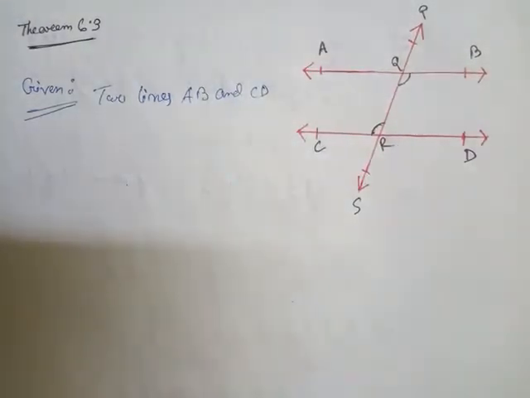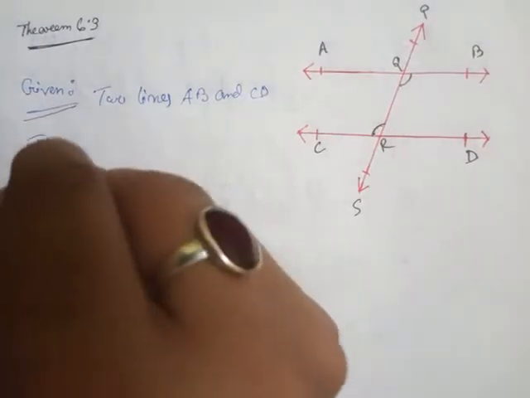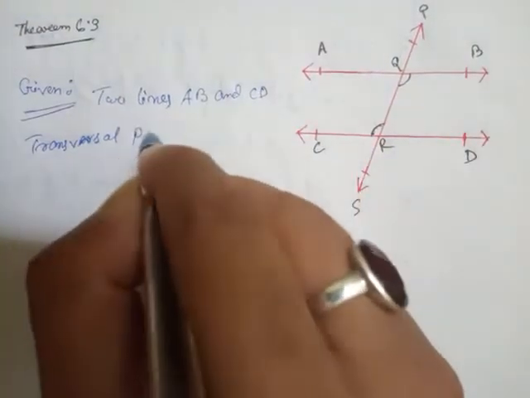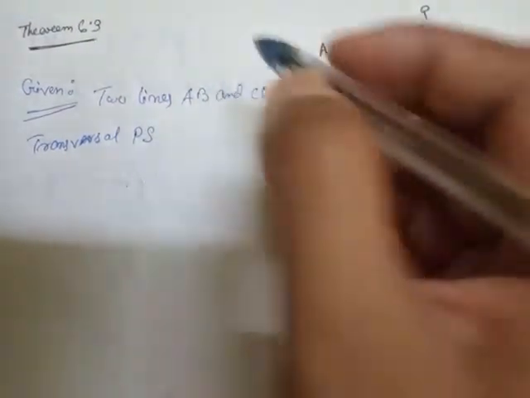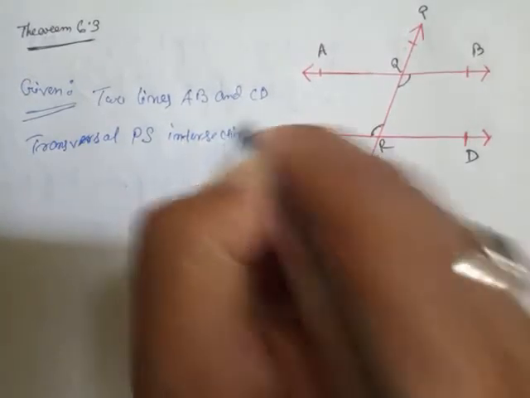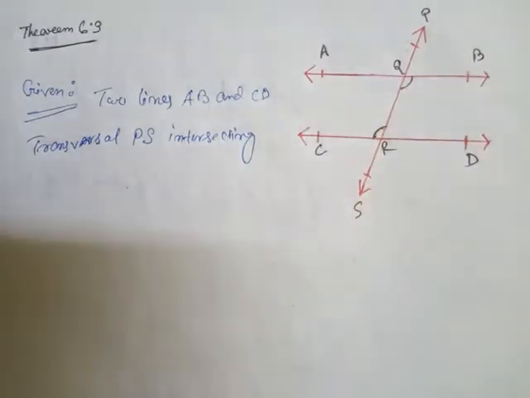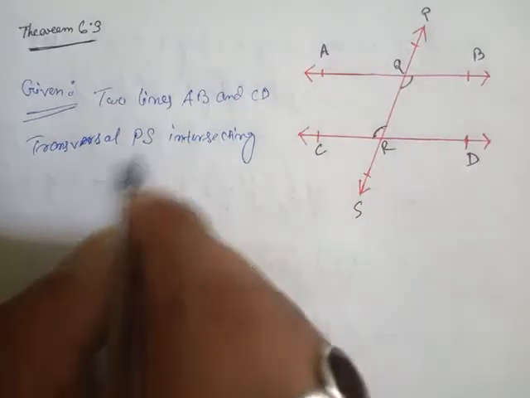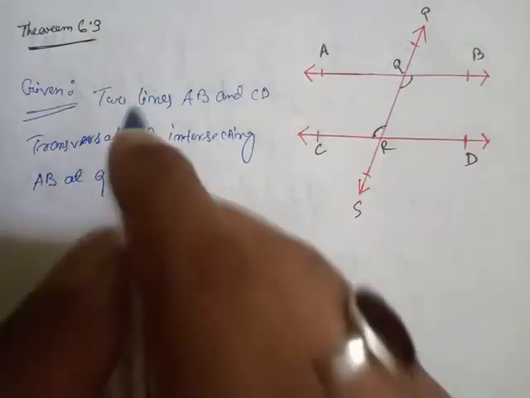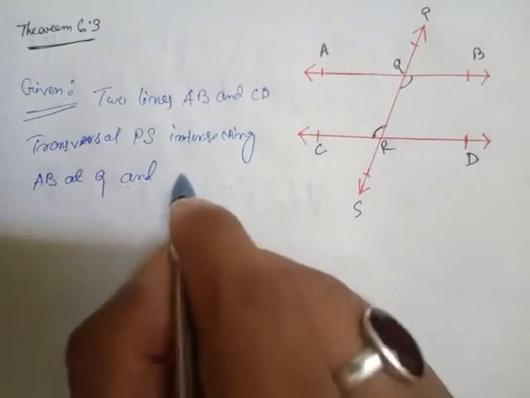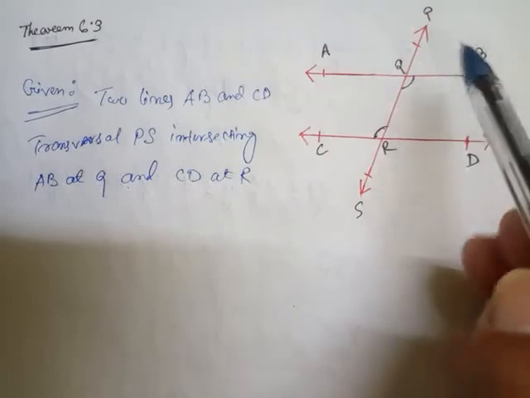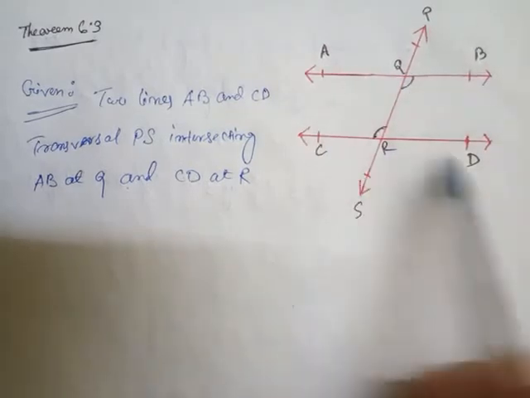Now look, after that, transversal PS intersecting AB at Q and CD at R. This is the transversal PS intersecting the line AB at Q and CD at R.